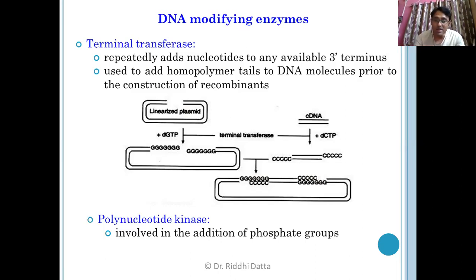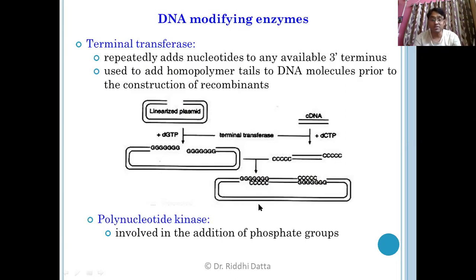Then, depending on the complementarity, the gene of interest carrying poly C will bind with the linearized plasmid carrying poly G. Then this nick is sealed with DNA ligase. So ultimately, without using any restriction enzyme, we can easily get our recombinant product. So terminal transferase is very useful.